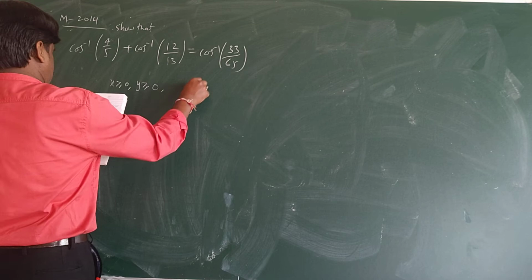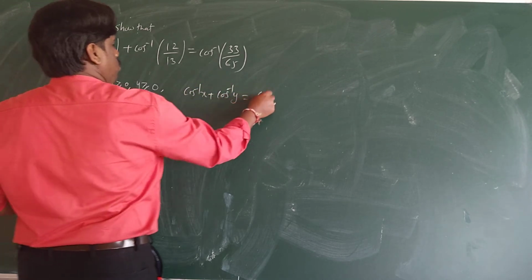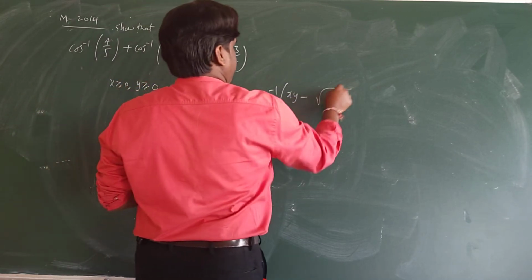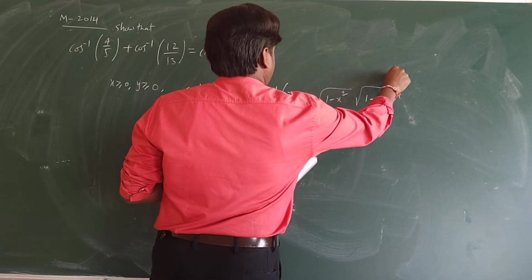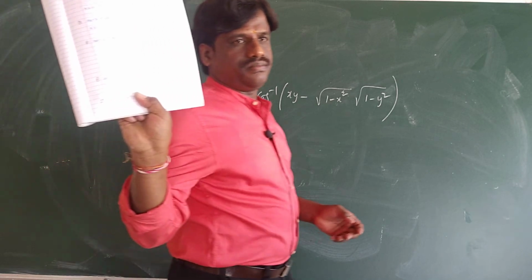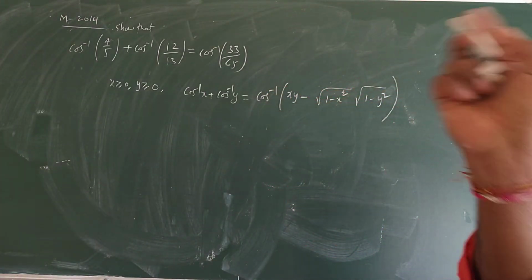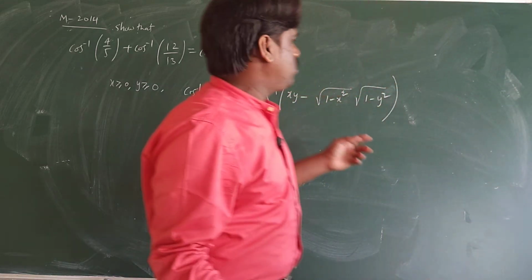Cos inverse x plus cos inverse y is equal to cos inverse of xy minus under root of 1 minus x square into under root of 1 minus y square. This is the formula. I gave all these formulas last year, including sine inverse. I even explained the board level method. If you remember this formula, you can use it.